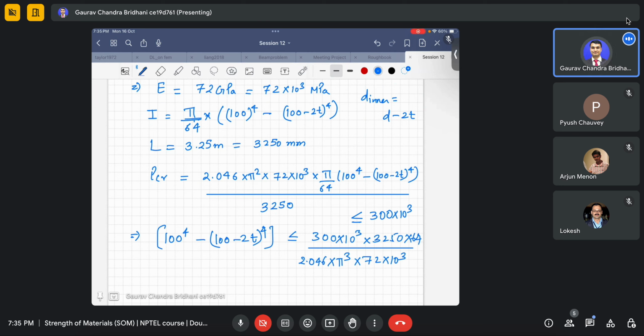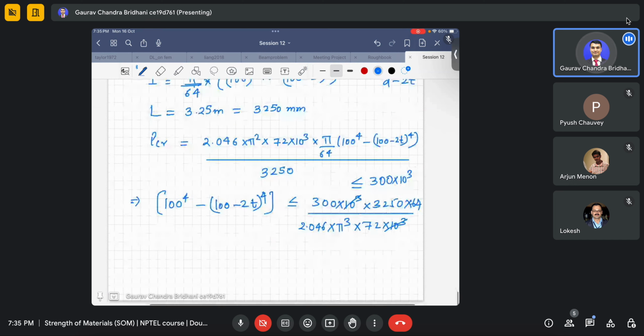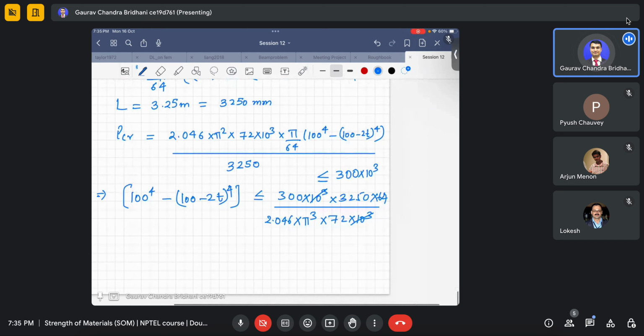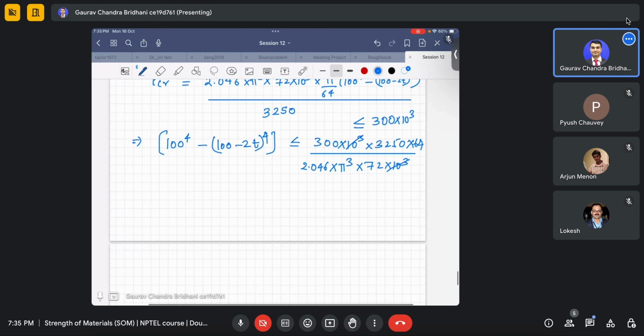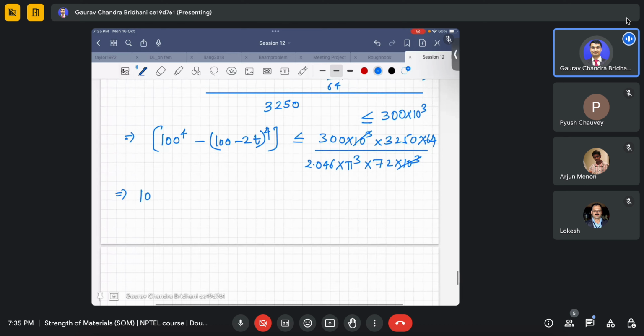Yeah, these cancel out. Now I need help from someone to find this value. Just the right hand side first: (100 minus 2t) power 4 should be less than or equal to 300 into 3250 into 64 divided by 2.046 into pi cube into 72.